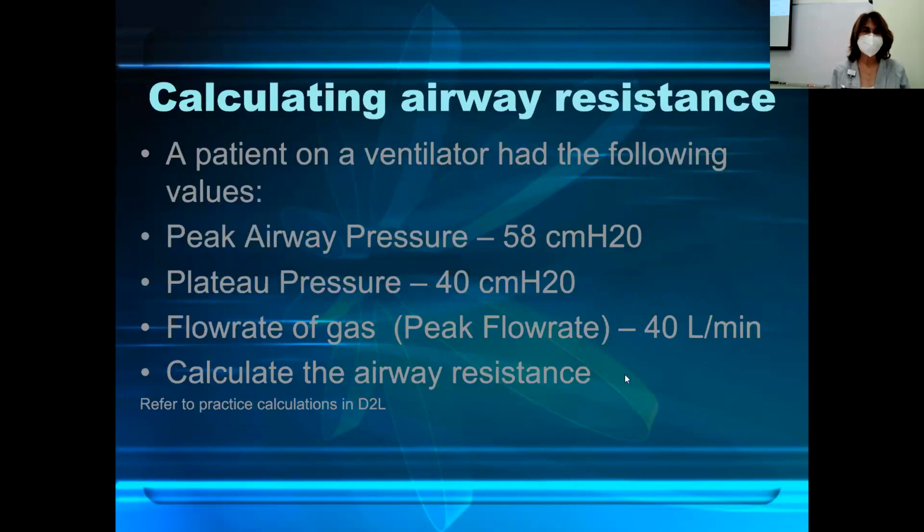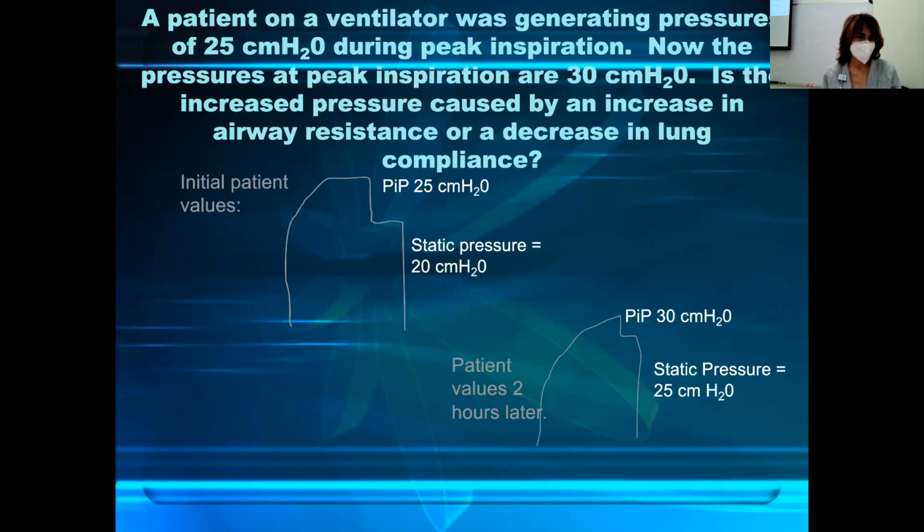The formula for airway resistance has the pressure on the top and the flow on the bottom. For the pressure on the top, we need to know the peak airway pressure, and it's 58 centimeters of water.